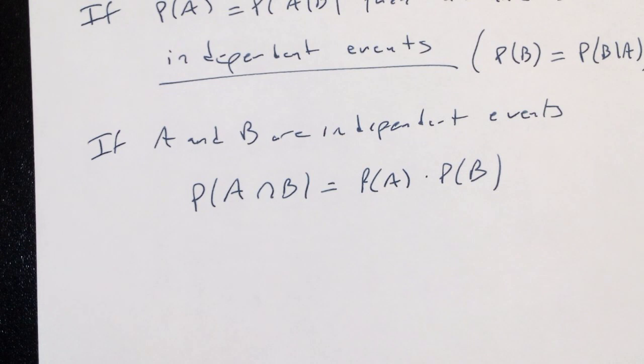So the chance of rolling a 3 is 1 in 6 times 1 in 6, which is 1 out of 36. Very different than 2 out of 12.